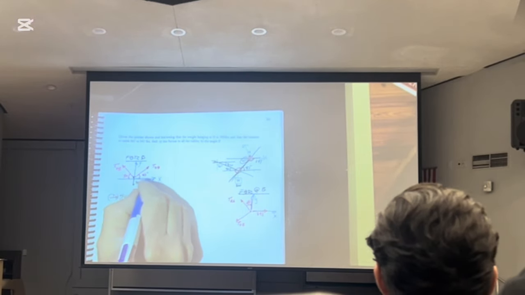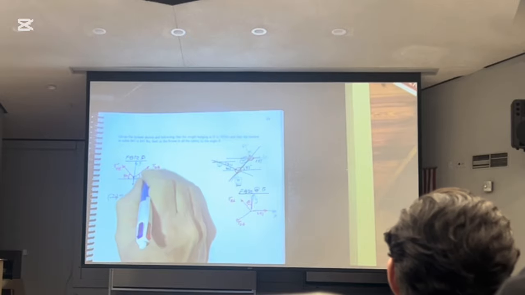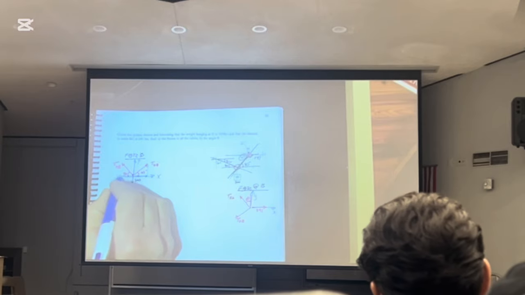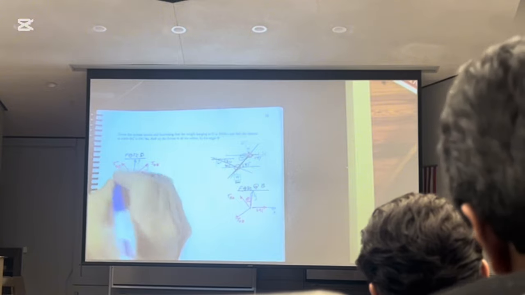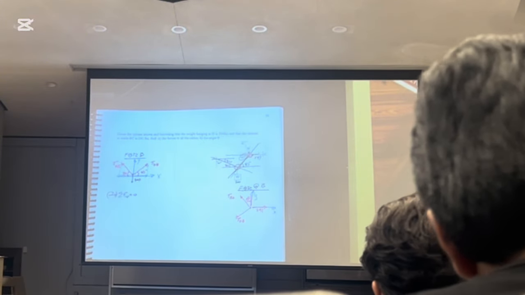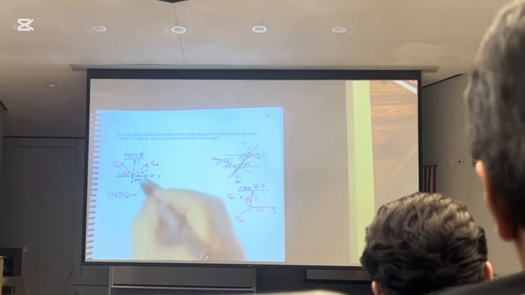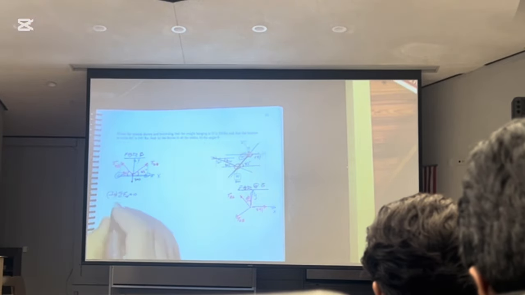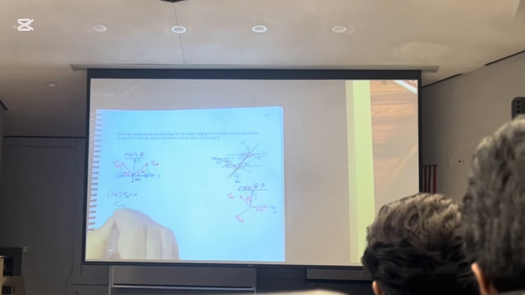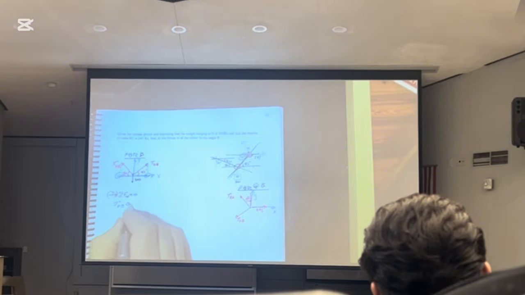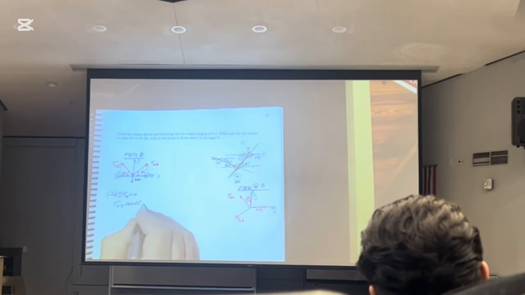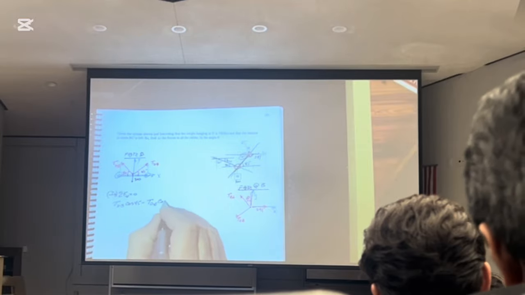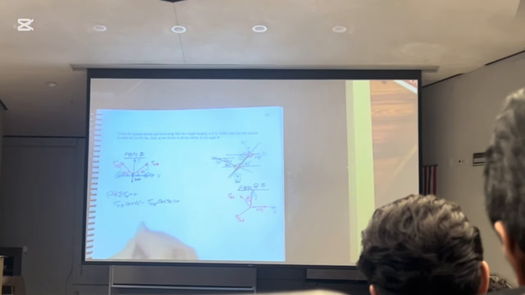So this has an x this way and a y that way. This has an x this way and a y that way. Correct? Notice, head to tail, head to tail. Perfect. So now I'm going to say TDB cosine 45 minus TDE cosine 30 equals 0.